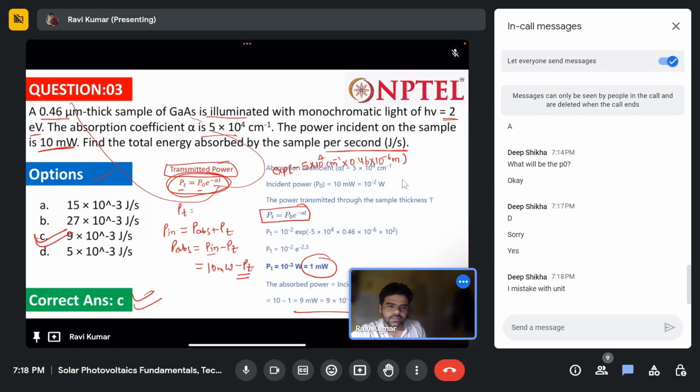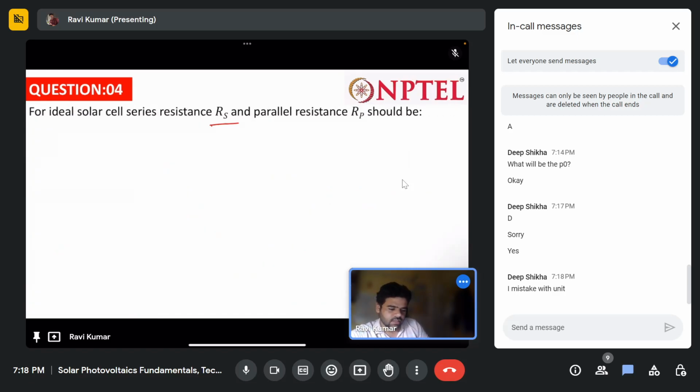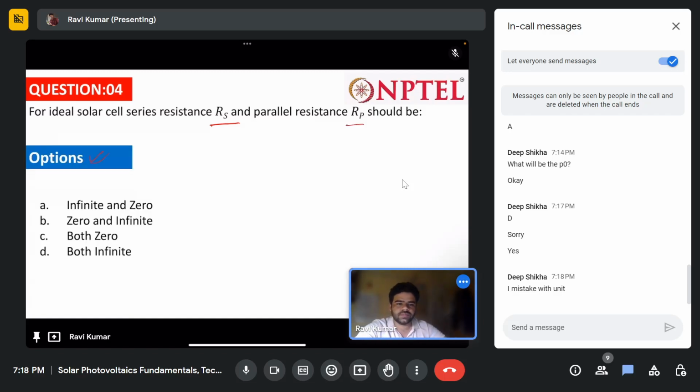Let's move forward. So for an ideal solar cell, series resistance RS and parallel resistance RP should be what? These are the options. Very simple.